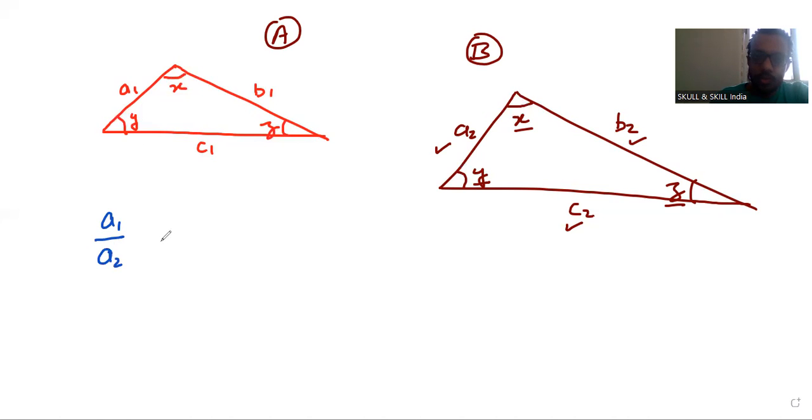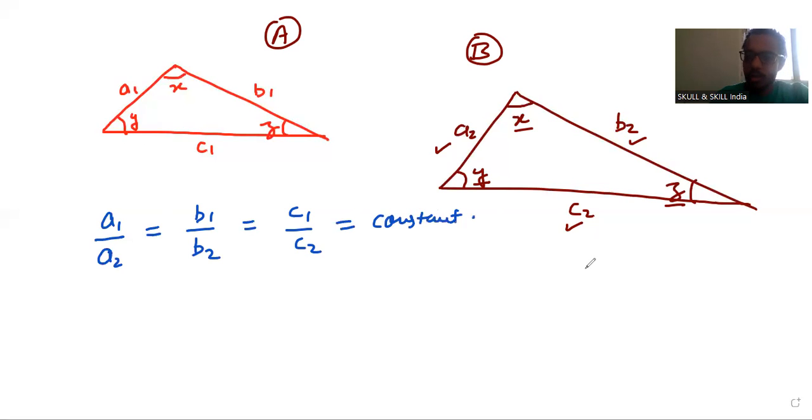Ratio of A1 with A2, ratio of B1 with B2, ratio of C1 with C2. And we are hoping that all of them will come equal to some number. Can you do all of it right now?